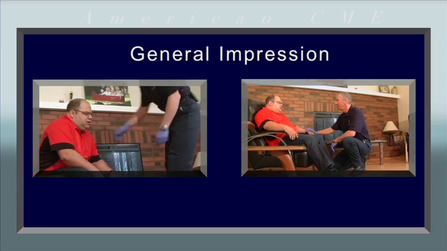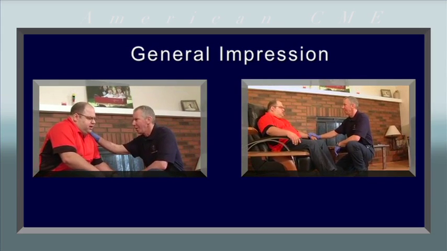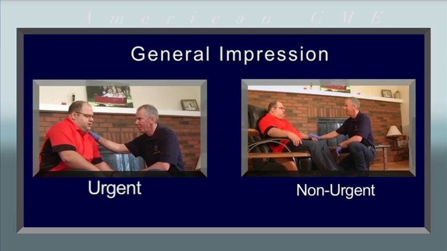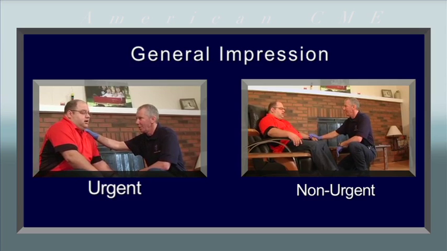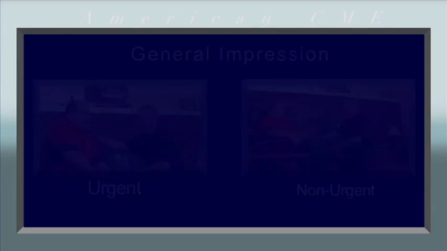But this time, when we enter the room, we see a patient struggling to breathe, very pale and diaphoretic. These 2 patients had the same dispatch information, but 2 very different general impressions based on appearance alone. In this case, our general impression instinctively arouses an appropriate response of urgency or non-urgency.